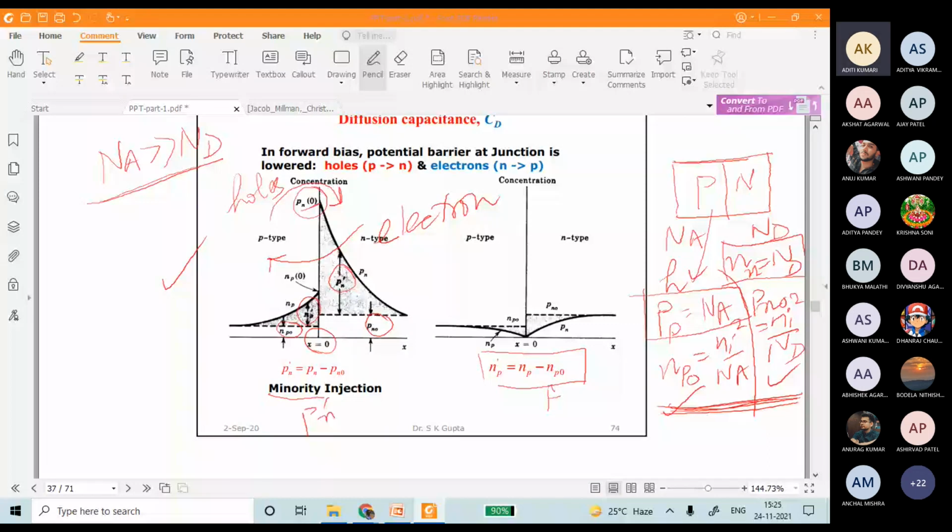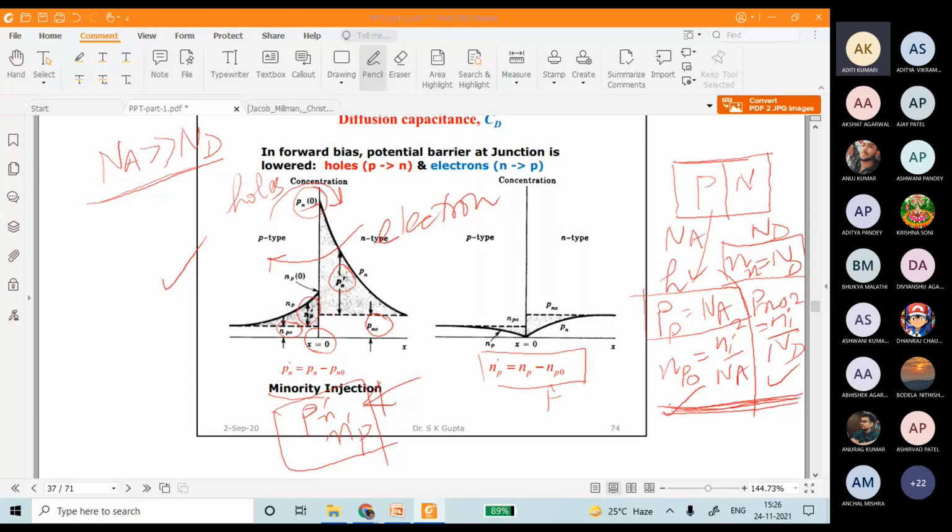These are the injected carriers which are minority after injection in the N and P regions respectively. These carriers recombine and diffuse with time and form the current.